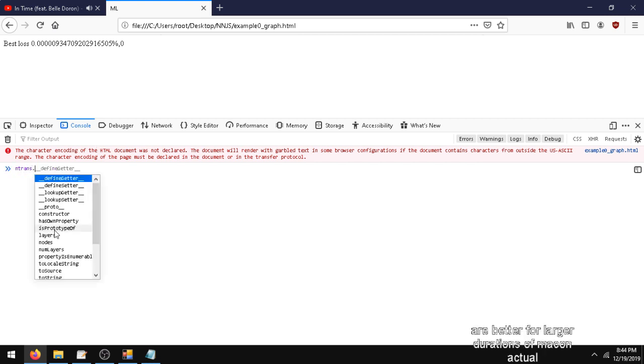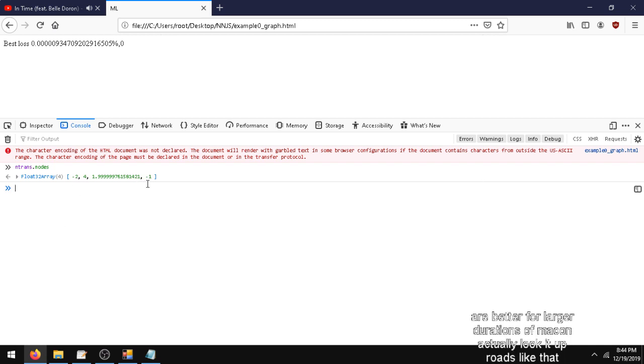And I can actually look at the nodes like this. So it's nearly perfect.